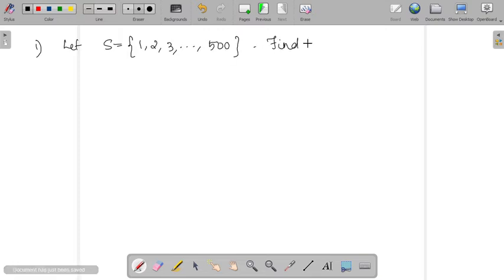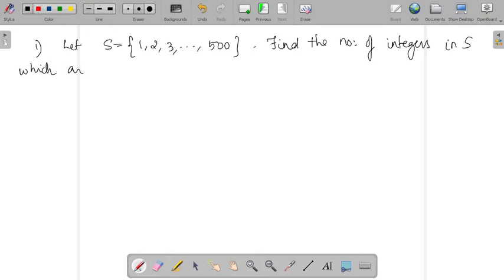Then find the number of integers in S which are divisible by 2, 3 or 5. So we need to define 3 sets.